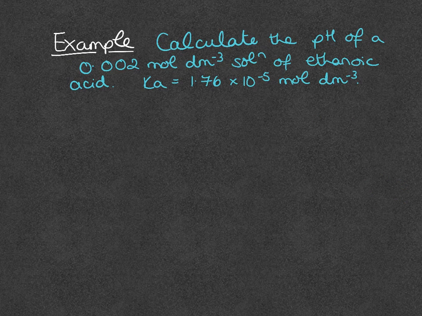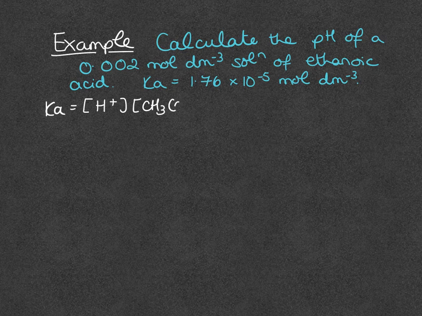So let's look at an example of this. In this, it's asked you to calculate the pH of a 0.002 mol per dm cubed solution of ethanoic acid, and you've been given a Ka. So quite often the first question in an exam question is for you to write the Ka expression. So for ethanoic acid, it would be this.